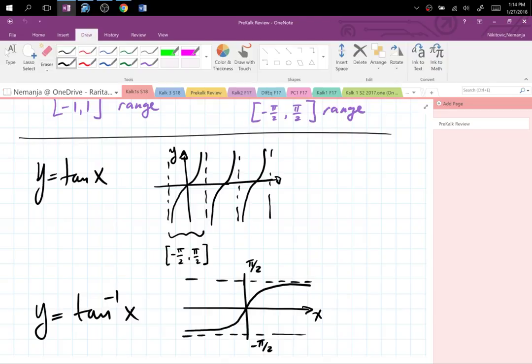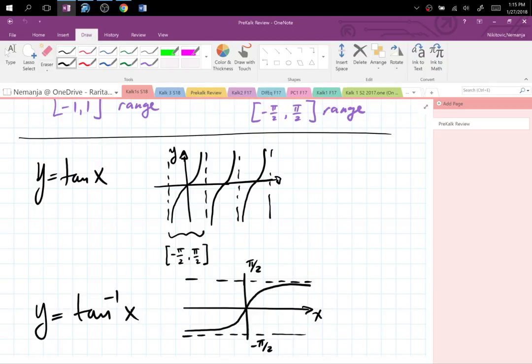The last part that I want to briefly mention is another type of, it's not a function, it's called piecewise function, which is a function that contains parts of many functions.